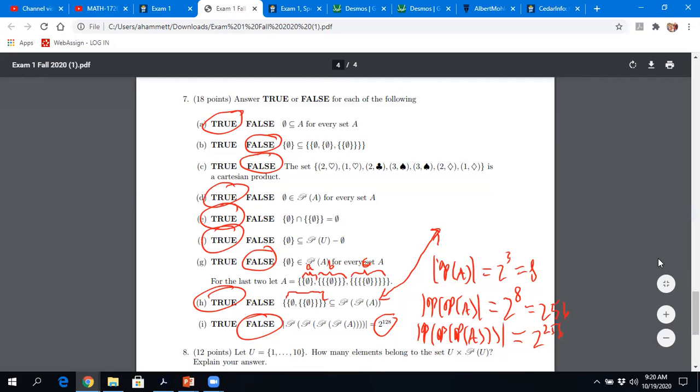That thing ends up being equivalent to the empty set belonging to A and, what else? The set consisting of the empty set belonging to A. And actually, hang on a second. Is that right? Is that what I want to say?